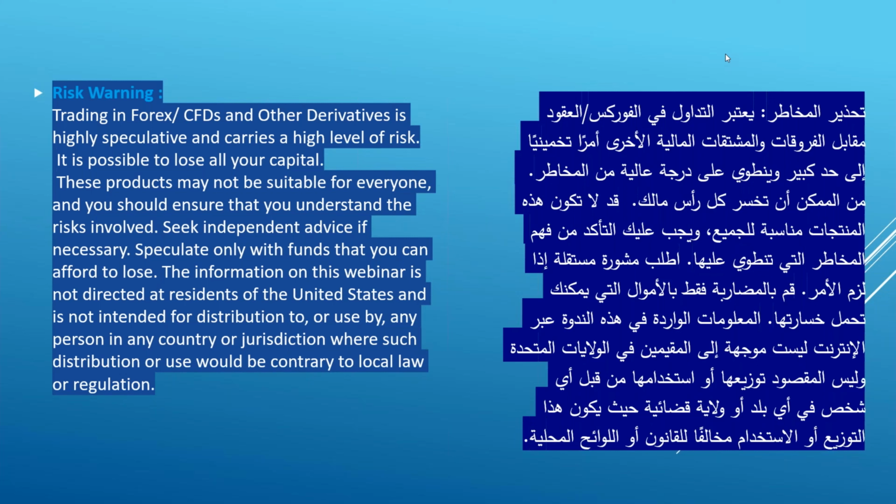It's possible to lose all your capital. These products may not be suitable for everyone. This webinar will be recorded. You can find it on our website and also on our YouTube channel. So you will have more time to review the risk warning if you couldn't read it fully, but you have to take this risk warning into consideration.